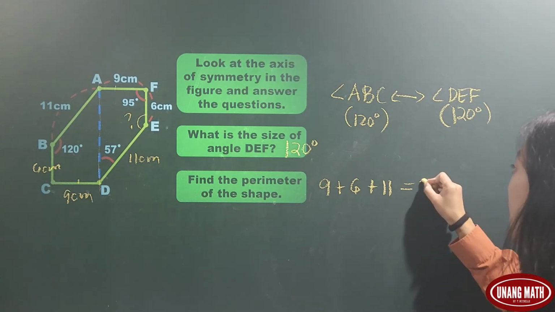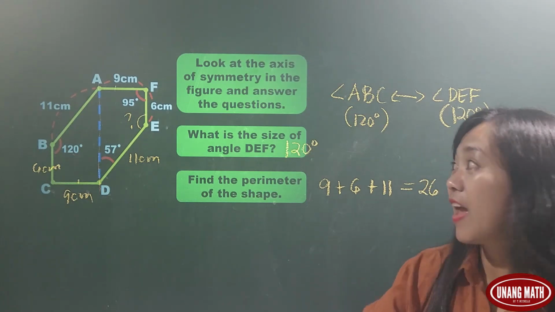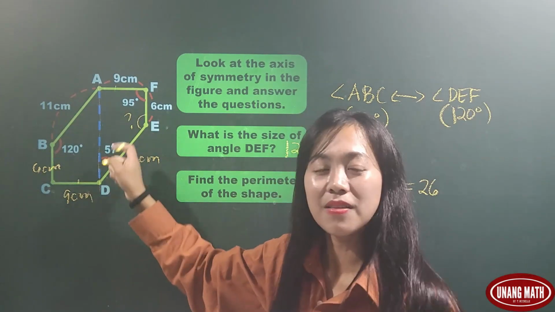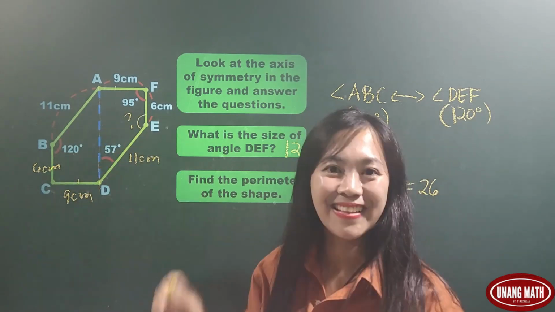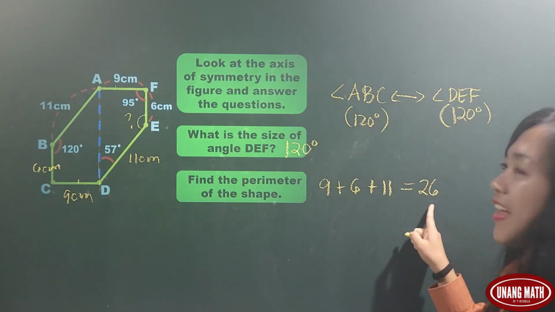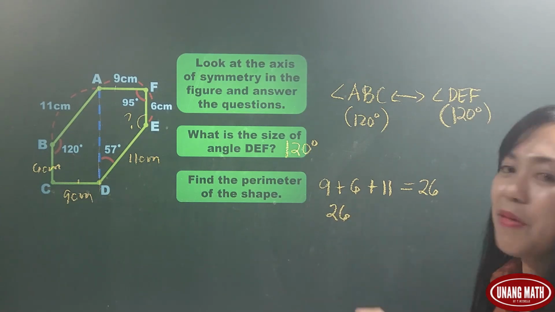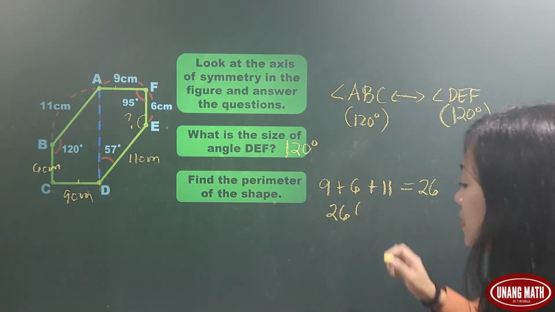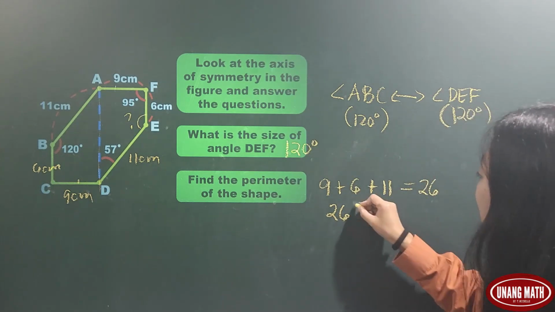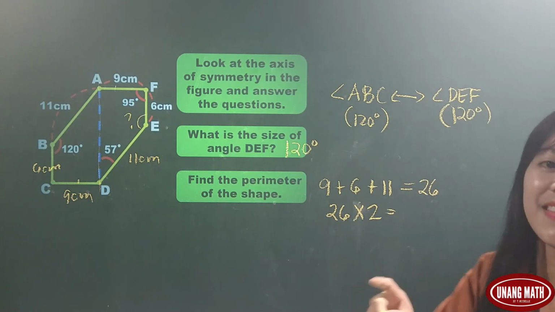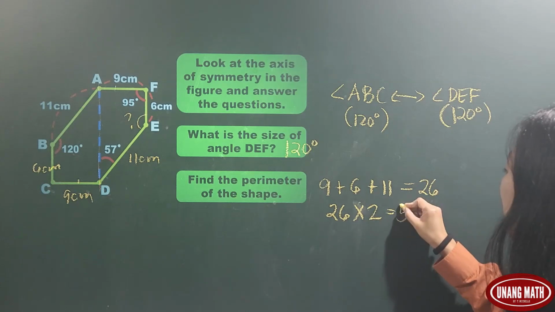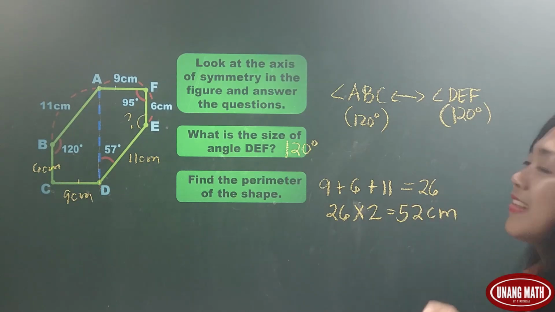Ito ay 26 centimeters. Dalawang shapes ang kinukuha or kinumbine natin dito. So, ibig sabihin, kailangan natin i-multiply ito by 2. So, 26 centimeters times 2. Ang magiging sagot natin dito ay 52 centimeters.